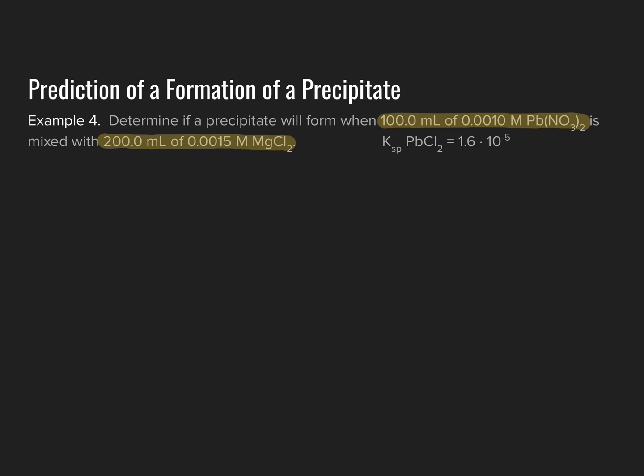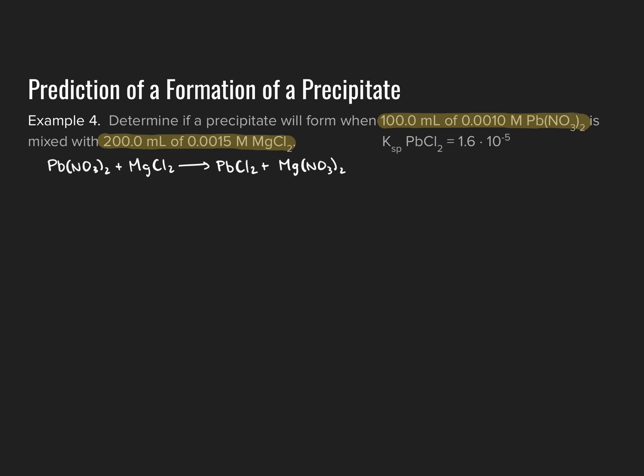If I write a reaction between lead 2 nitrate and magnesium chloride, I would expect to see a double replacement reaction take place in which we would form the products, which would be lead 2 chloride, PbCl2, and magnesium nitrate, Mg(NO3)2.